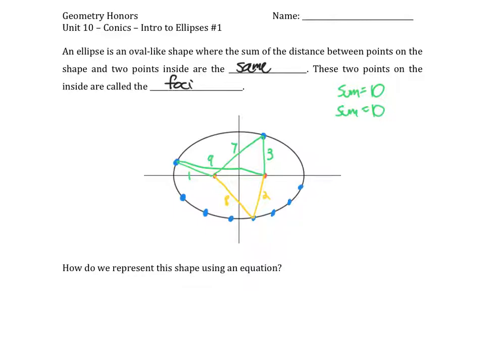That's what an ellipse is. You might say, well, that doesn't really make sense, or why is that the case? Again, there's a really cool thing we can do on the whiteboard tomorrow that will show you how this works. But for right now, that's our technical definition: the sum of the distances between the foci and a point on the ellipse is the same.